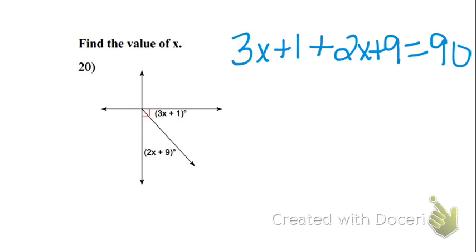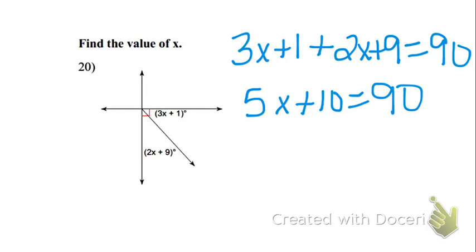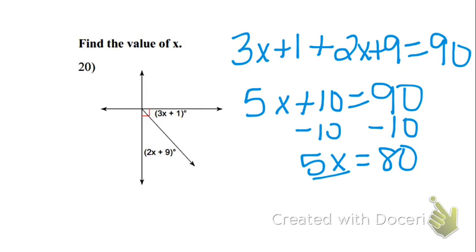So if we combine like terms, we get 5x plus 10 equals 90. And to solve for x, we want to subtract 10 and divide by 5. So you get x equals 16.